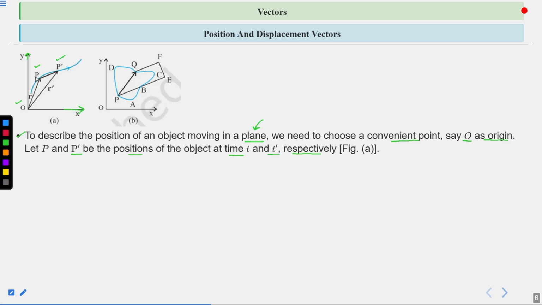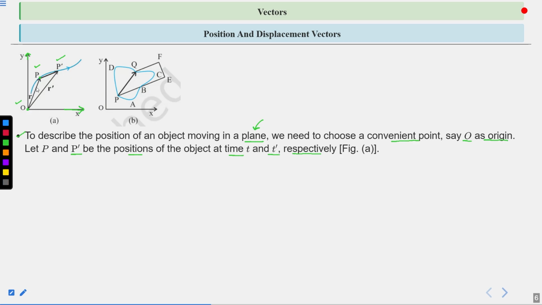If we talk about only point P, from O to P, OP represents the position of a particle or an object. Similarly, OP prime shows the position of the object, from the reference point O, the origin.